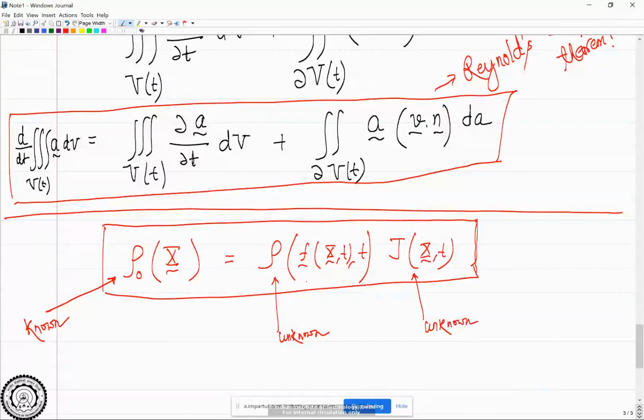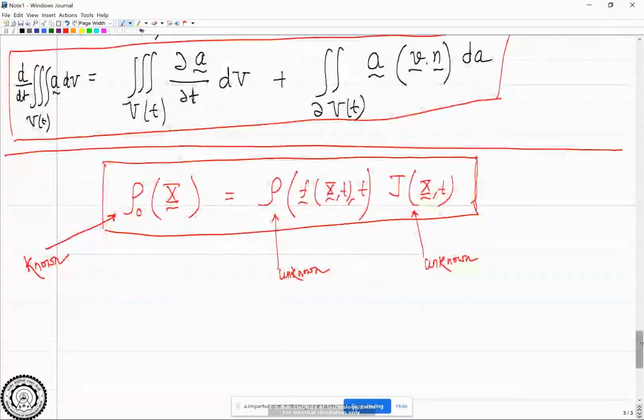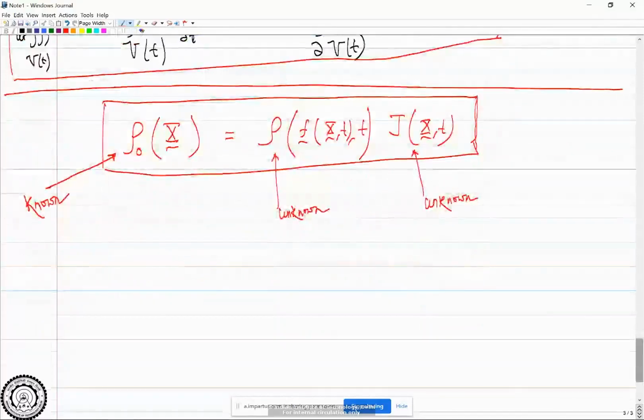So you have to get more equations now. To begin with, you thought that your F, the deformation map, is the only unknown. But when you applied mass conservation, you see that rho is also an unknown. So now we have rho and also the deformation map as unknowns, and you have already gotten one equation.